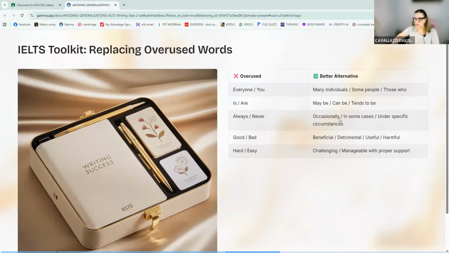These shouldn't be used either. They're overused. Occasionally, in some cases, under specific circumstances, good, bad, not at all, beneficial, detrimental, useful, harmful, hard and easy, absolutely not, challenging, manageable. Sports, okay, just that.